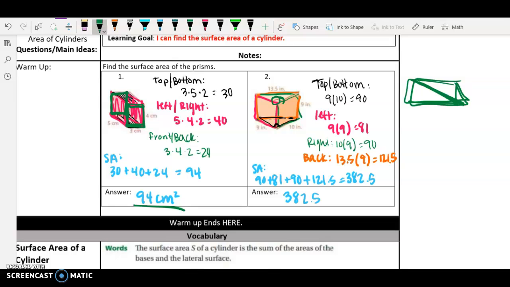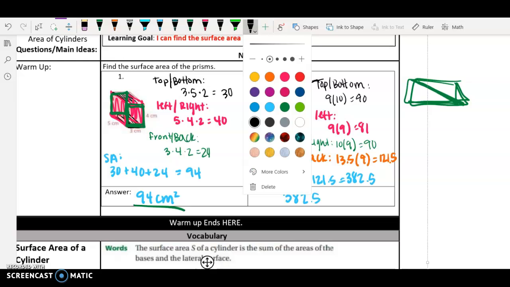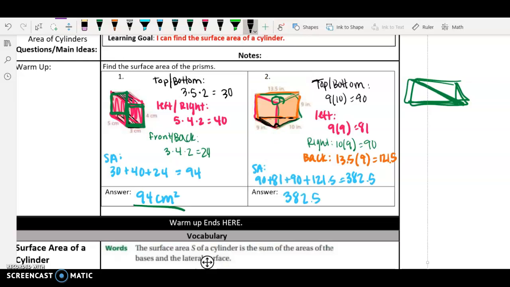I used black for down here, so we do 9 times 10, and we get 90, and that's the area of both my triangles put together. Then the left side's in pink, and the bottom is 9 and the height is also 9, so 9 times 9 is 81.